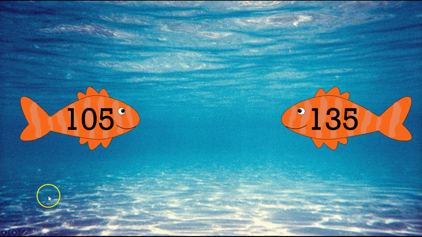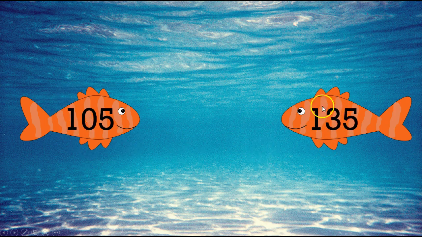Okay, so now we're going to compare these two. First, we need to look at the ones place. This has a 1, and this has a 1. So now let's go to the tens place and compare the tens. This one has 0 tens, and this one has 3 tens. So which one has more tens?